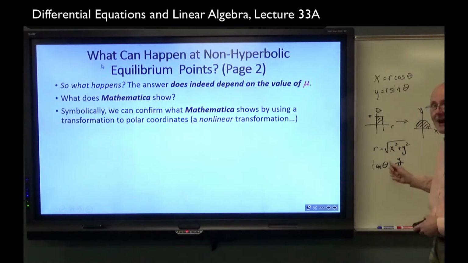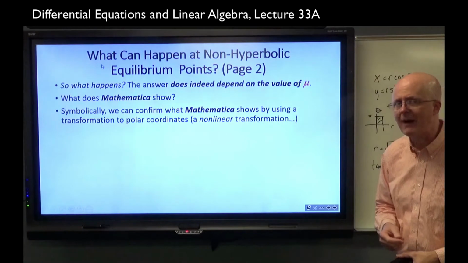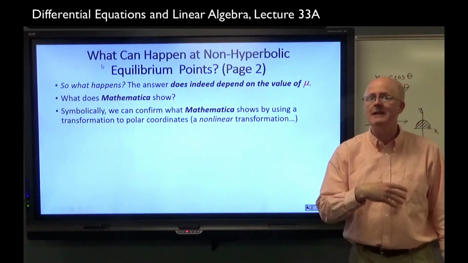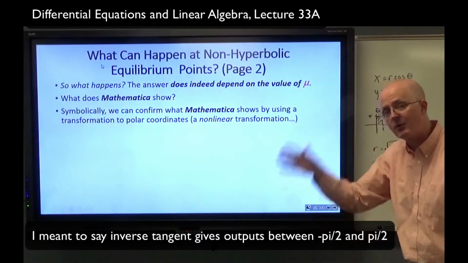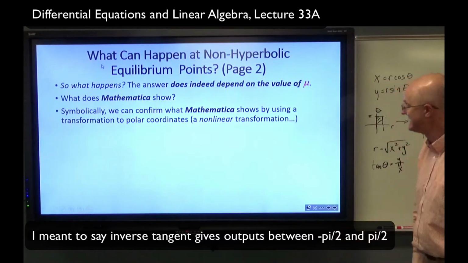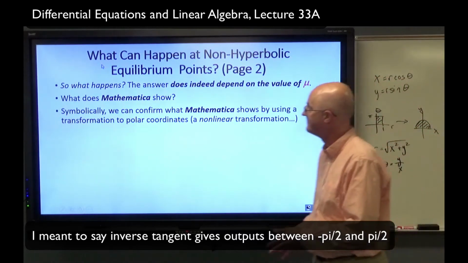So as long as you're not on the y-axis, this will convert back to theta when you take the inverse tangent and possibly add or subtract pi to it, because the inverse tangent gives you outputs between negative pi and positive pi. So if you're over in the second or third quadrant, you have to adjust. And again, if you're on the y-axis where x is 0, you have to adjust. So this is not a perfect way to think about it, so you do have to be careful, but it is the basic idea.